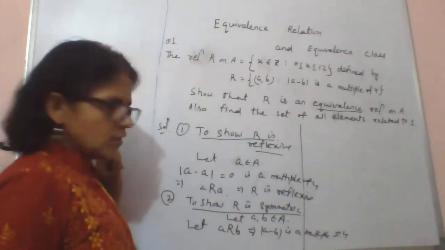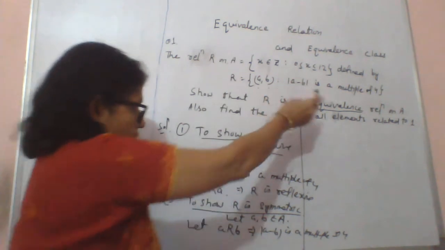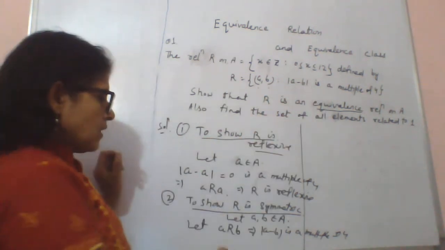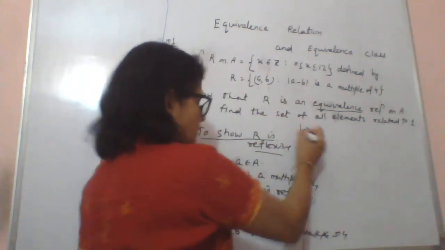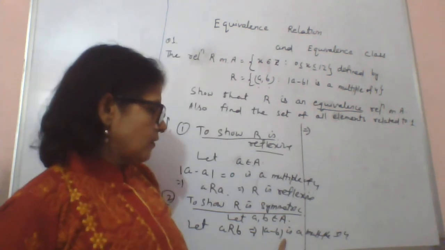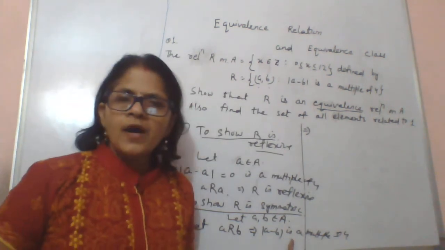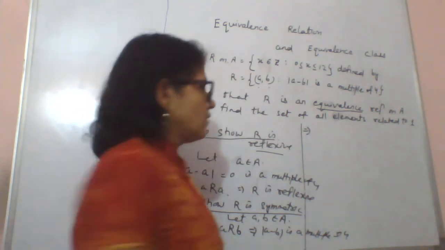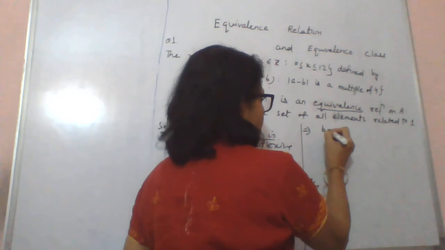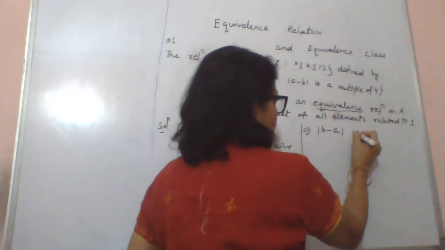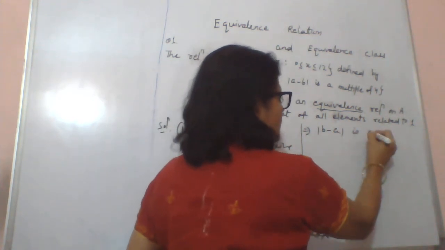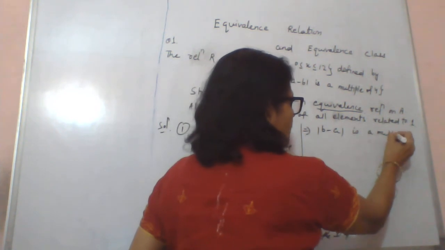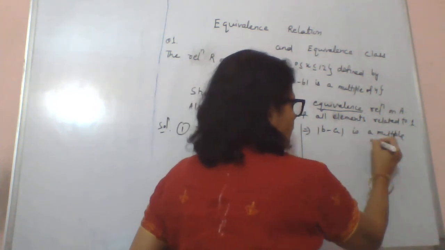Whenever we take the relation, we have to go back to whatever is given to us. Now, as you know, mod a minus b is equal to mod b minus a. So this implies mod b minus a is a multiple of 4.